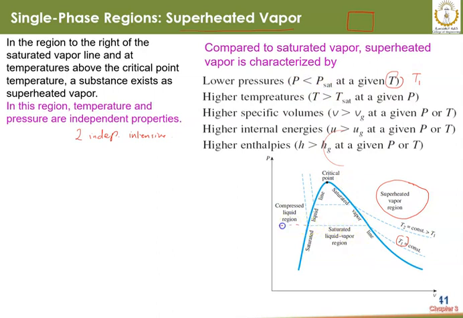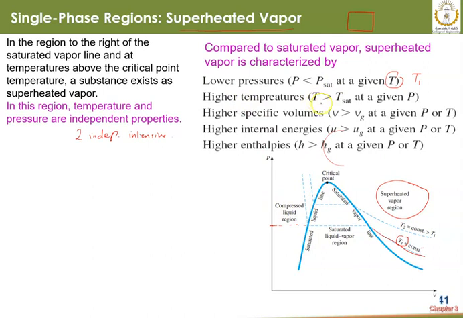This here is the saturation pressure, Psat. If the pressure that we have is less than the saturation pressure, then we know that we are in the superheated region, because it will be along this line. If the pressure is higher than the saturation pressure, then we are in the compressed region.